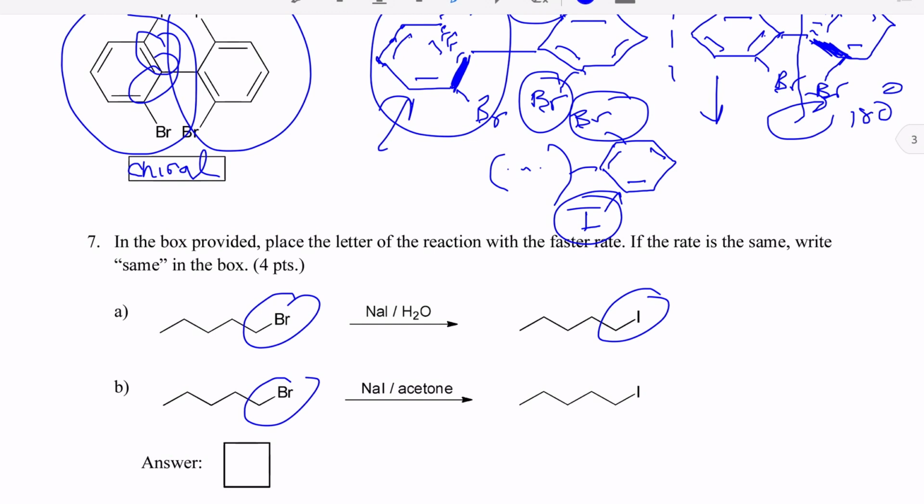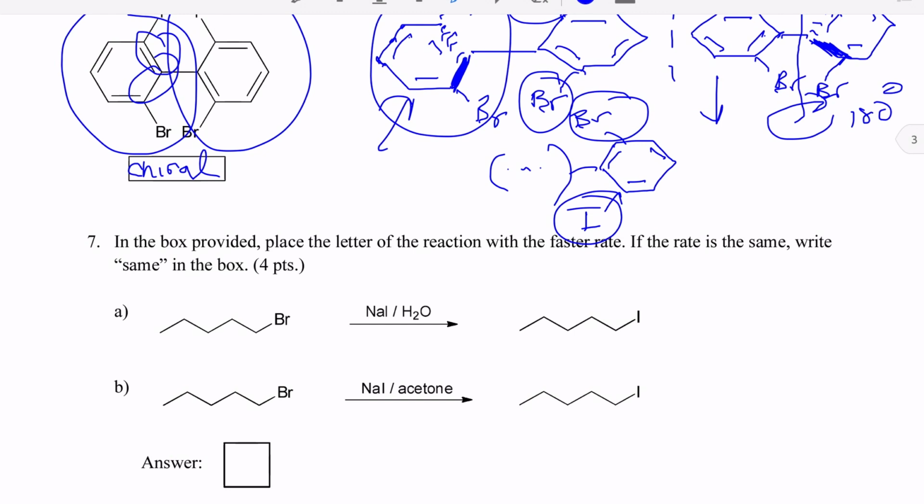This bromine is actually being replaced with an iodine group. So it's either SN1 or SN2. But the question is, which one is it? So let's look at our substrate, or the alkyl halide that we're looking at.